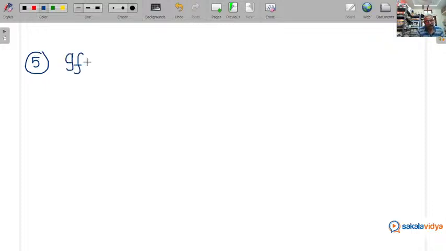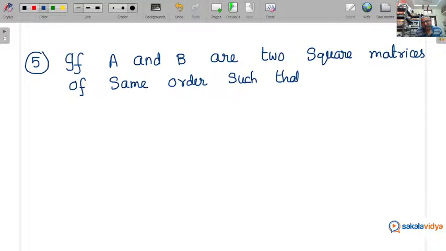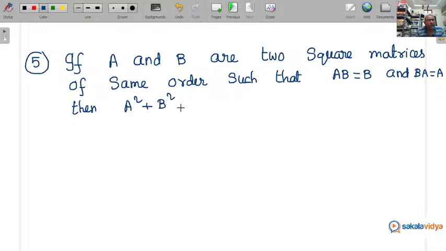If A and B are two square matrices of the same order such that AB equals B and BA is equal to A, then A square plus B square is always equal to this.